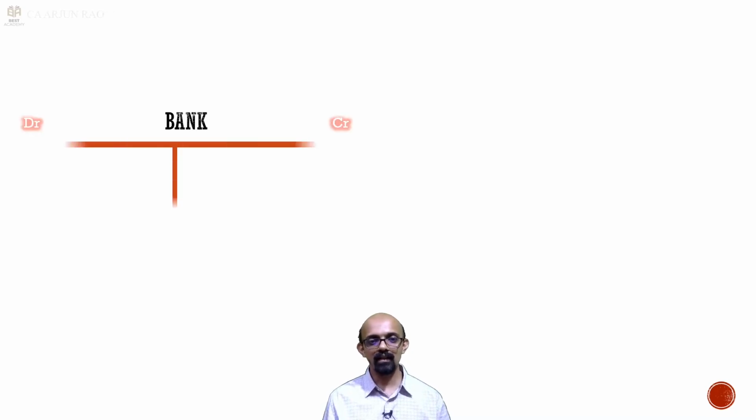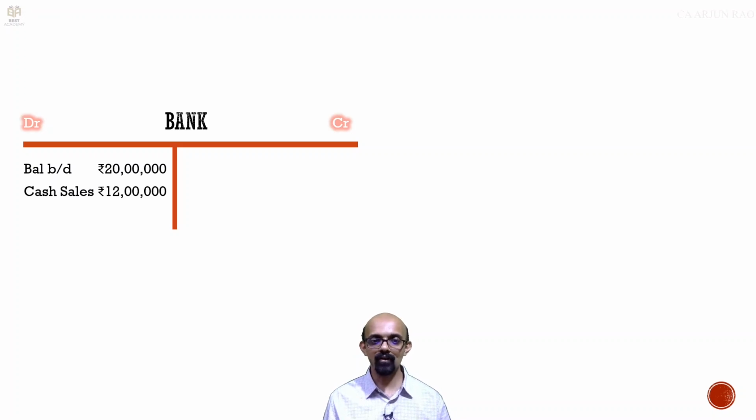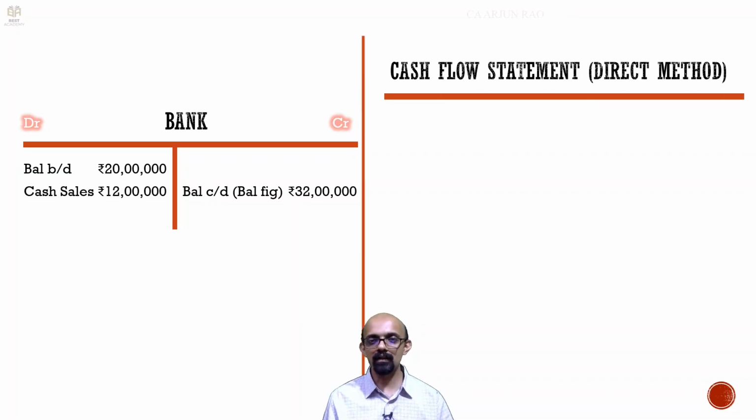So let's say we have a bank account, we have an opening balance of say 20 lakhs, we have cash sales of say 12 lakhs, and for the sake of simplicity we will assume there are no other transactions. We have an opening balance and we have sold. Last year we had some stock and we have sold that on cash. So our closing bank balance should be 32 lakhs. Now how would this appear in the direct method?